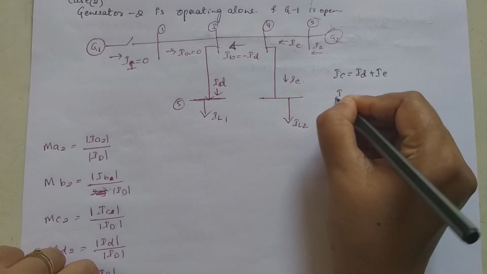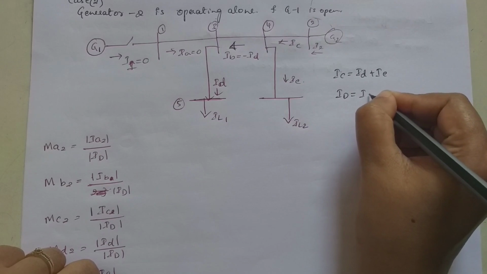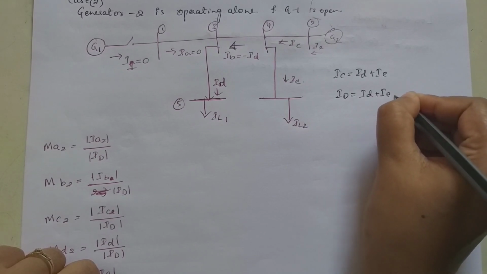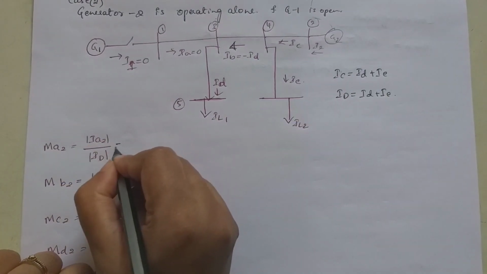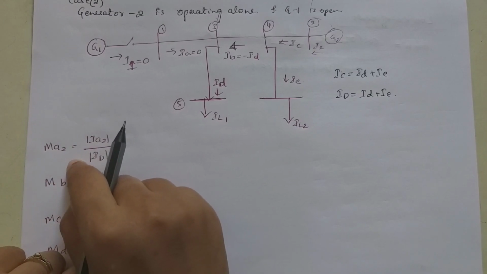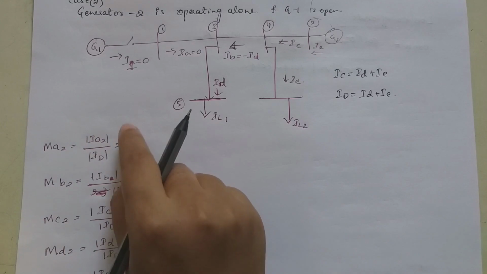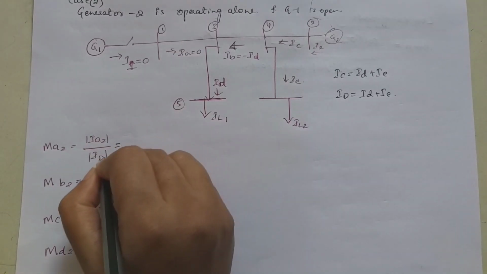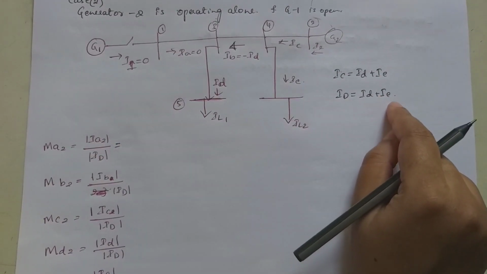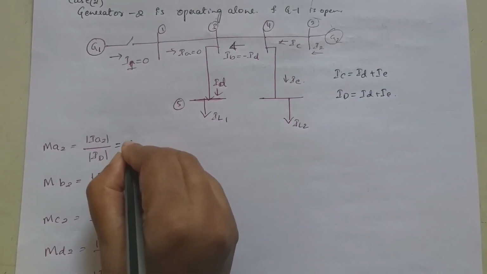Also we know that total demand ID is equal to ID plus IE. So MA2, the current distribution factor, which is the current in branch A, which is 0, divided by ID, which is ID plus IE, is equal to 0.